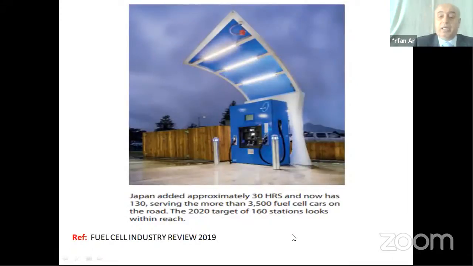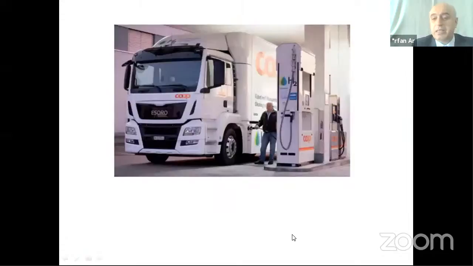You see a good example of a hydrogen refueling station, because the energy requirement is provided by solar photovoltaic cells. And this is another refueling station for fuel cell trucks.